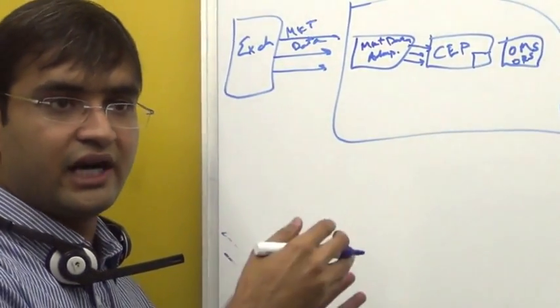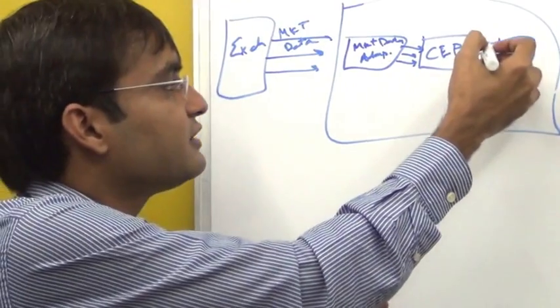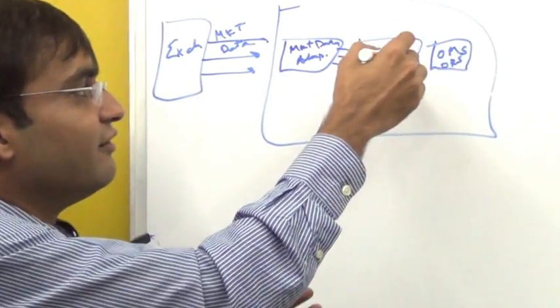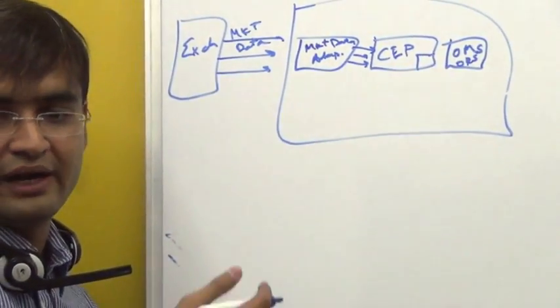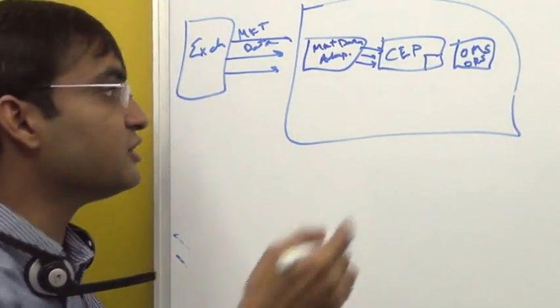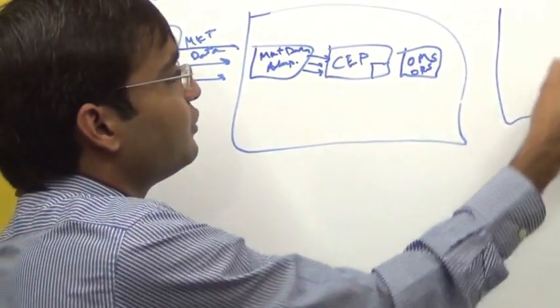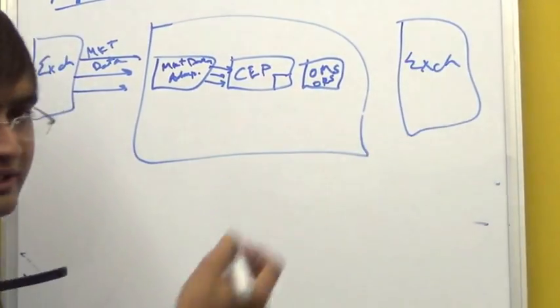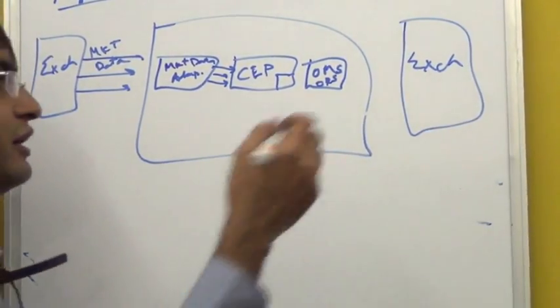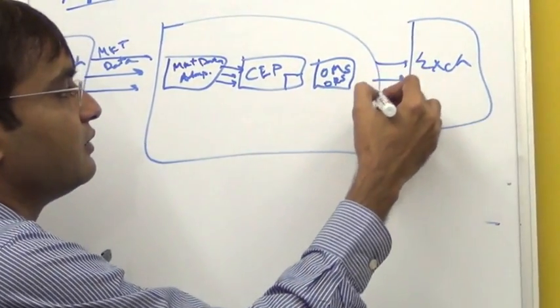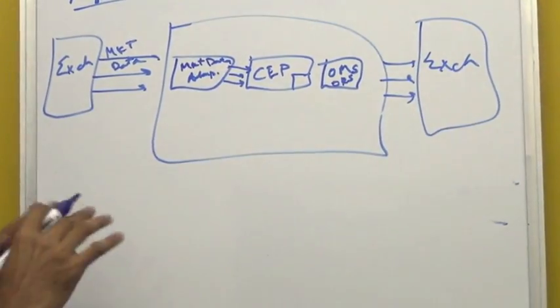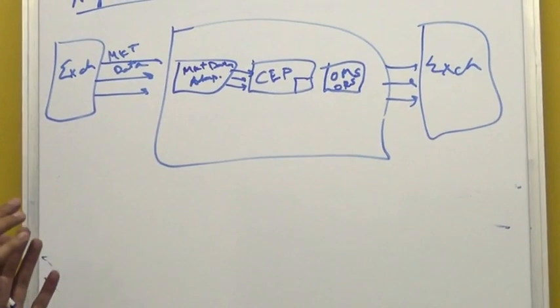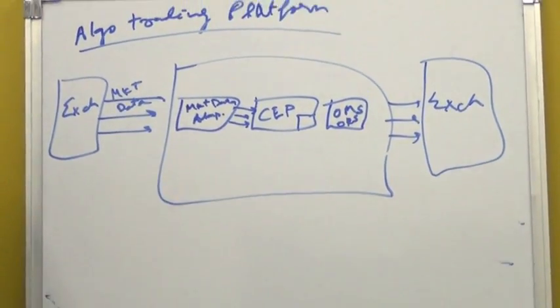It is another adapter which converts the order, which is in your own proprietary language, into the language the exchange can understand, on FIX or native, whichever, and sends the order. This is a typical diagram for an algorithmic trading platform.